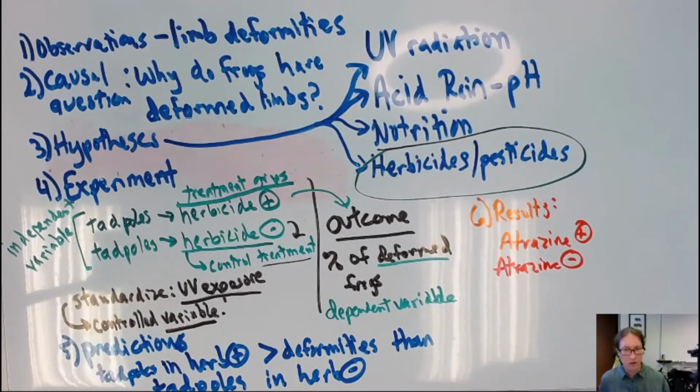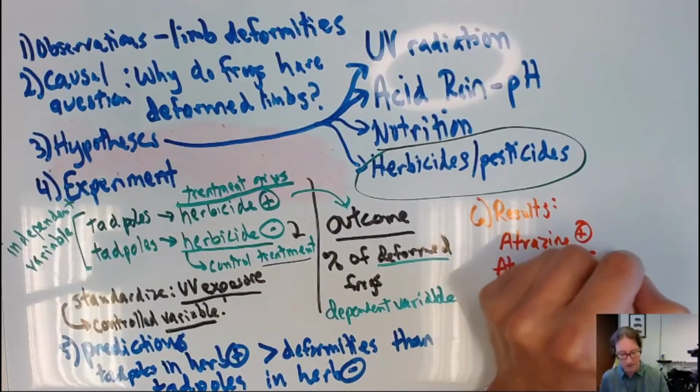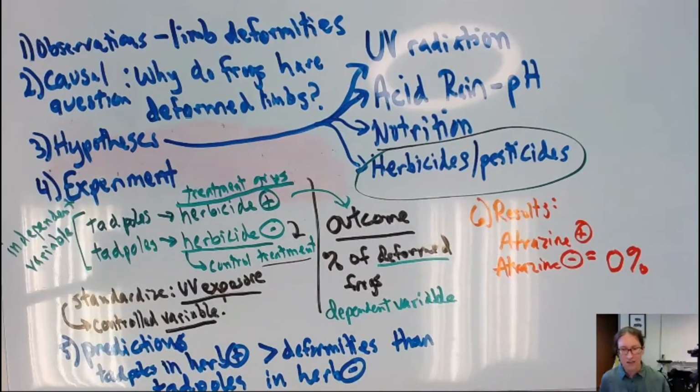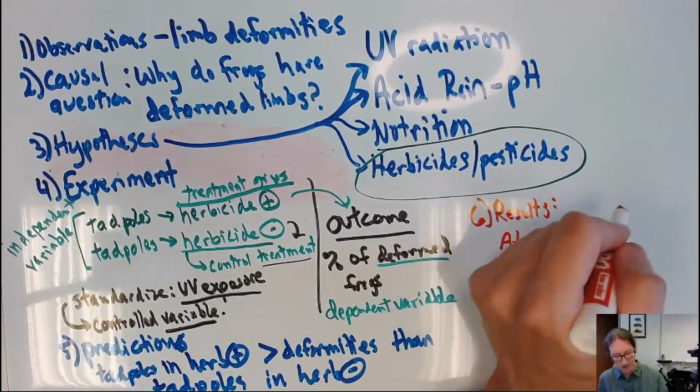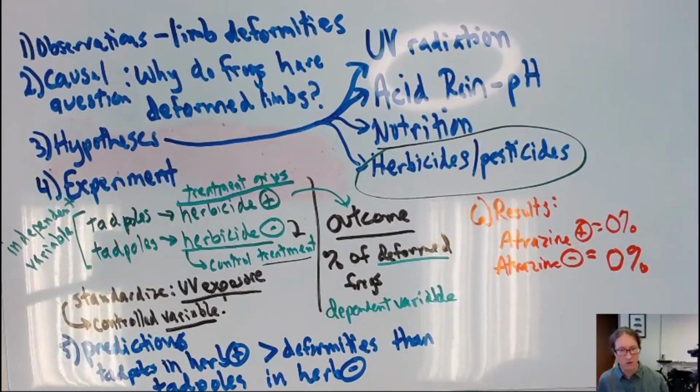Okay, and we're going to rear our frogs, and let's say we rear 10 frogs in each condition, and what we actually find is that the number of deformed frogs from our control treatment, so atrazine minus, is 0, or 0%, and the number of deformed frogs from the herbicide treatment is, drum roll please, also 0%. Okay, so that's our result.